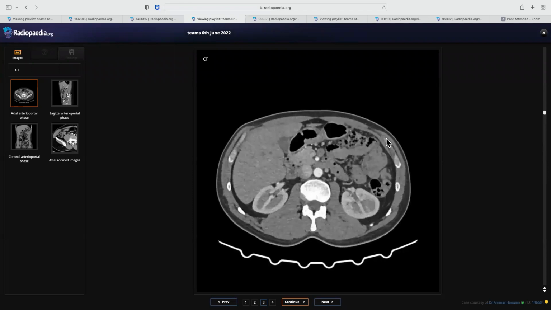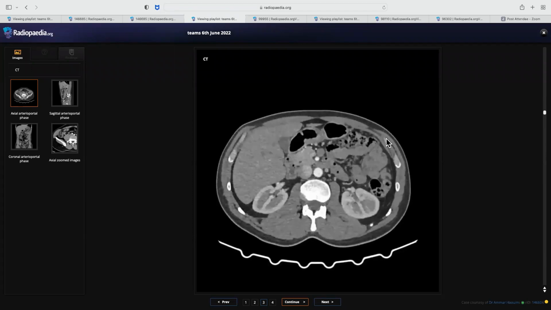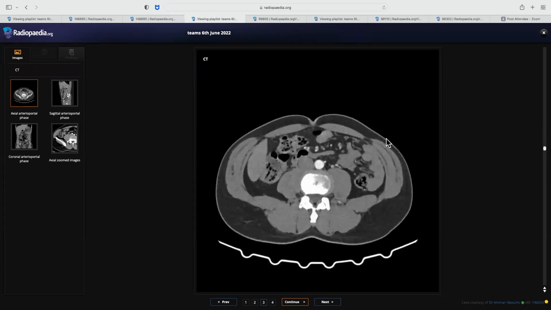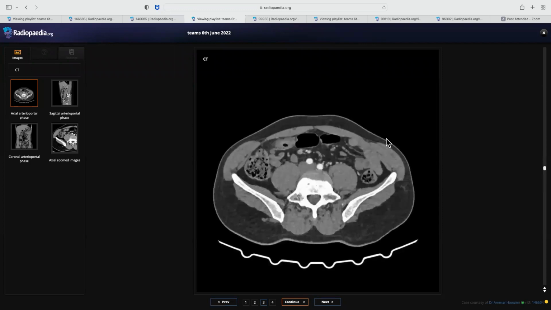You saw some abnormality in the right lower abdomen on ultrasound. Can you correlate that abnormality on CT? Yeah, I'm trying to search.